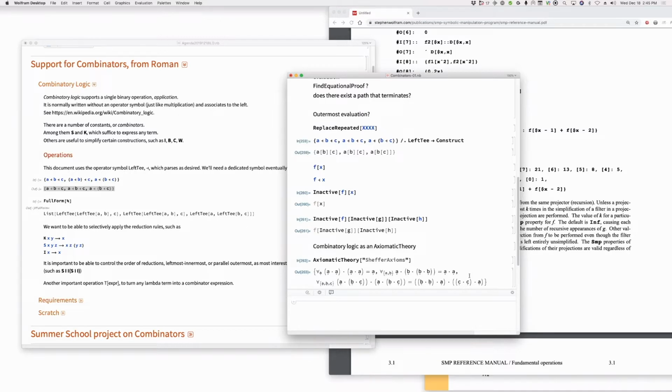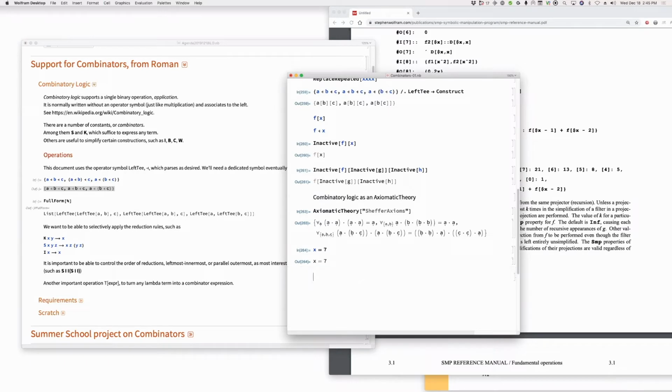In other words, the statement X double equals 7 is a different statement from X equals 7. This is a bunch of relations. So we can treat S of K of X and Y as reducing to X, or we can treat it as being equivalent to X, if you see what I mean. Yes. Now with combinators, we clearly need reduction because we don't want to go the other way.